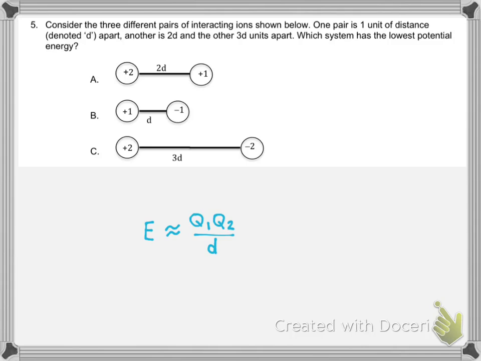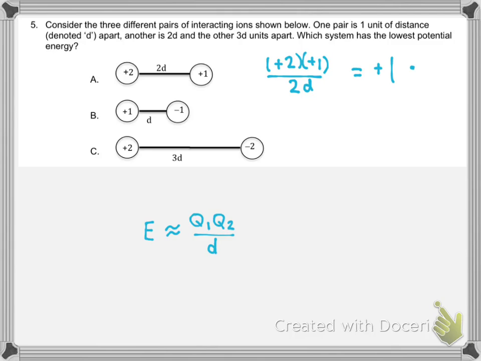And so for this first interaction, we can see we have +2 for one of our charges, times +1 for the other charge, divided by 2d. They tell us they're twice as far apart as the middle one. And so when we solve that, we're just going to get +1 as our relative potential energy.